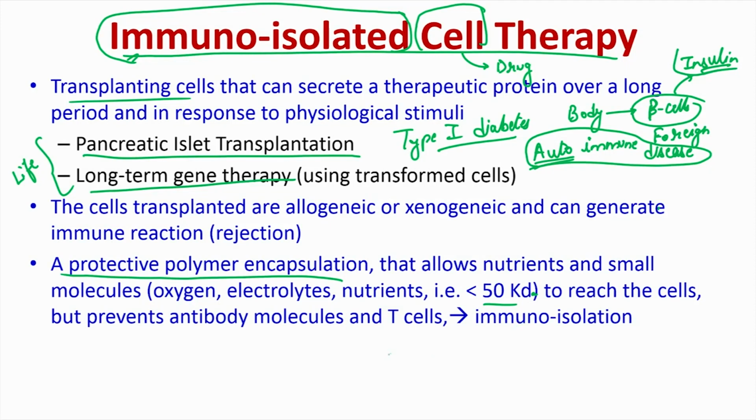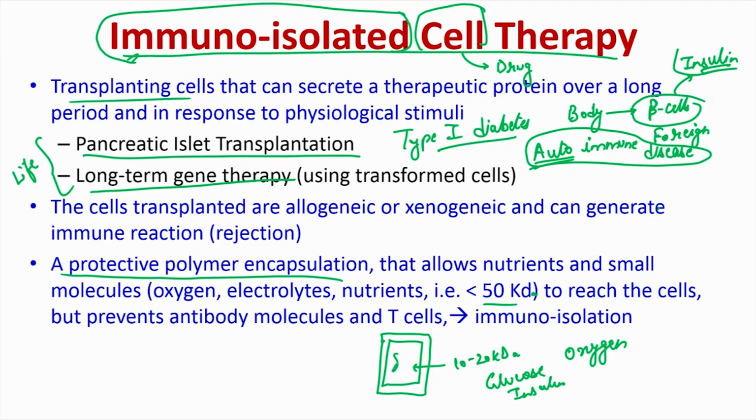So, if I have a semi-permeable membrane that only allows small molecules like 10 to 20 kDa to go through, then glucose, insulin, your oxygen, these things can go through and reach the cells present inside this implant, whereas the antibodies, your antigen presenting cells or your leukocytes are not able to go through because of this semi-permeable barrier.